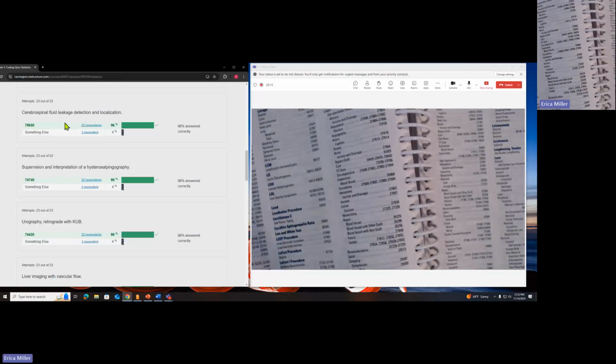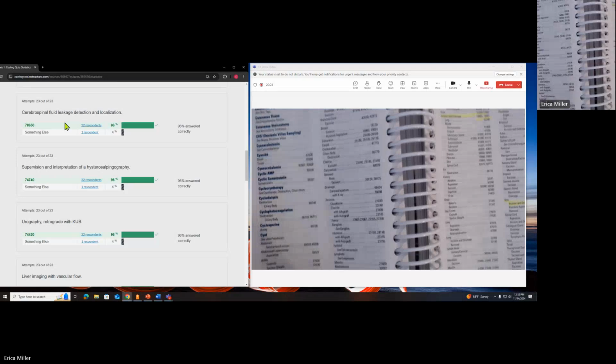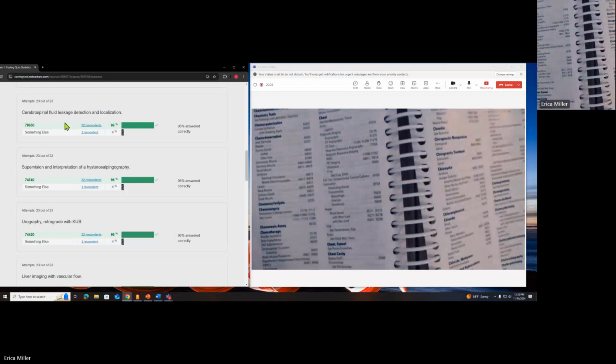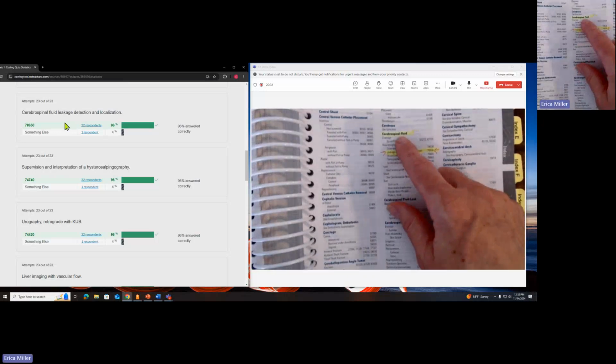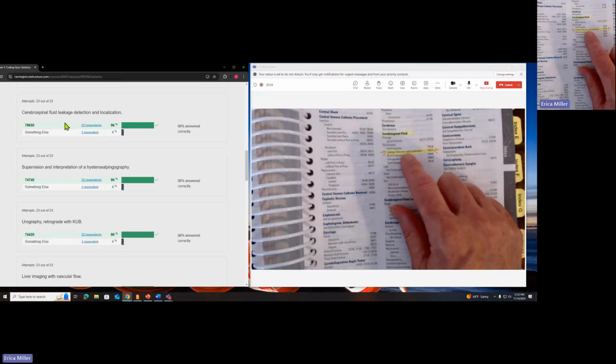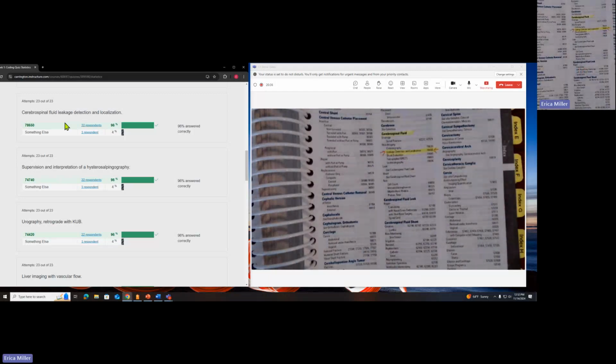So I'm going to look under cerebrospinal fluid. That's the best place to start with this one. There we go. Once I get over to cerebrospinal fluid, then I start looking for those additional keywords, and that's where you're going to find leakage detection and localization, 78650.